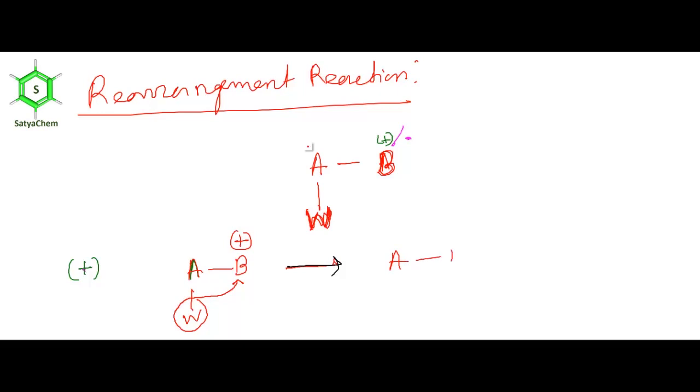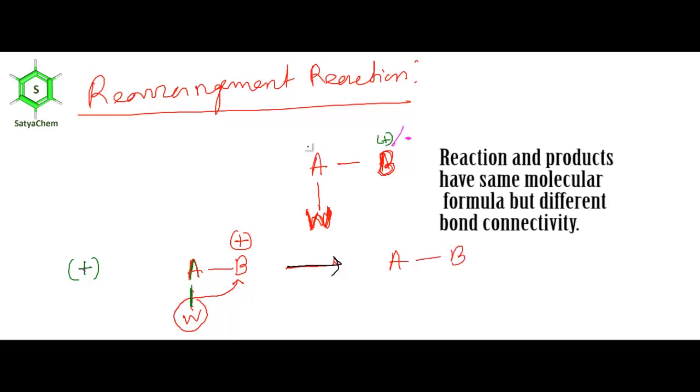Suppose this is the new bond, now B-W. Now A carries a positive charge. See, the reactant and product are the same but with different bond connectivity. That is why we say that this is a rearrangement reaction.